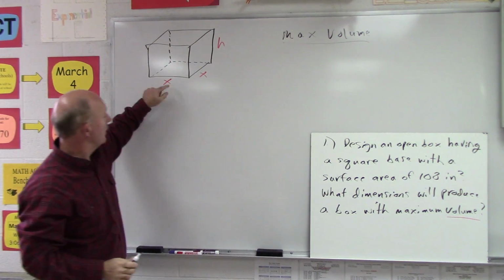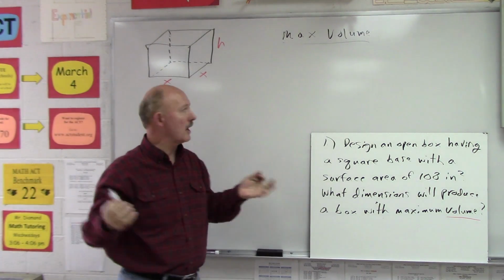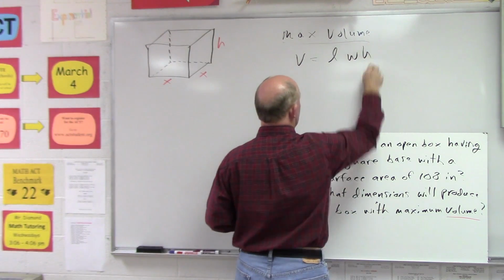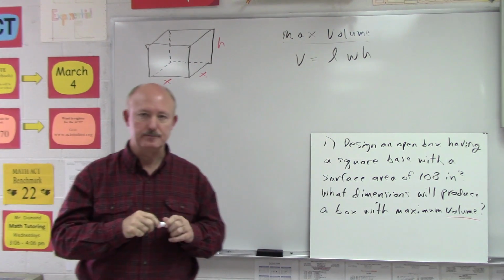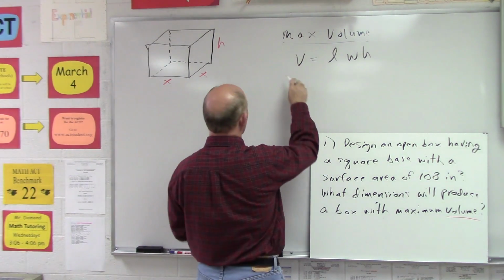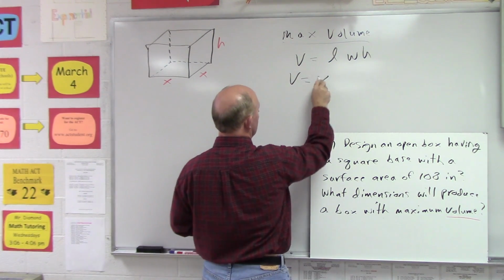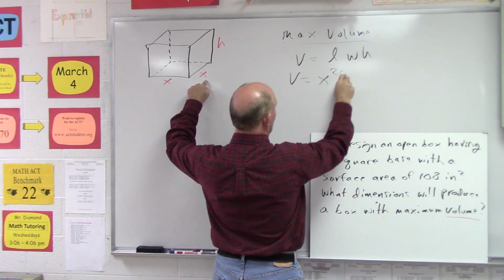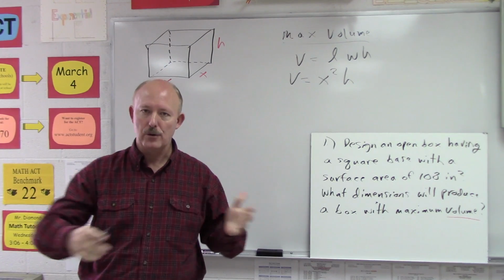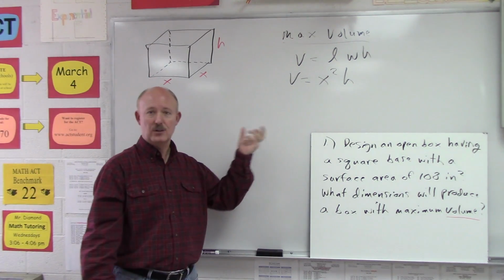Now, a box is a rectangular solid. And remember, the volume of a rectangular solid is length times width times height. You remember that from geometry. So in our case, length times width will be x squared, times our height. So this is going to be our volume formula. Just a minute, we'll have to take the derivative of this.